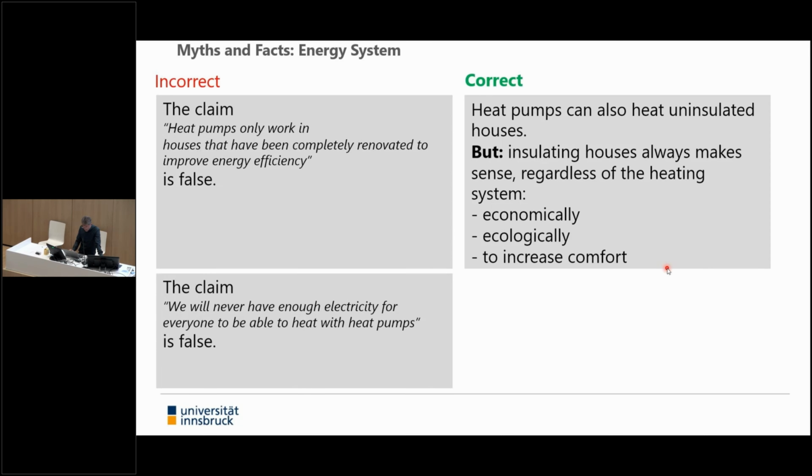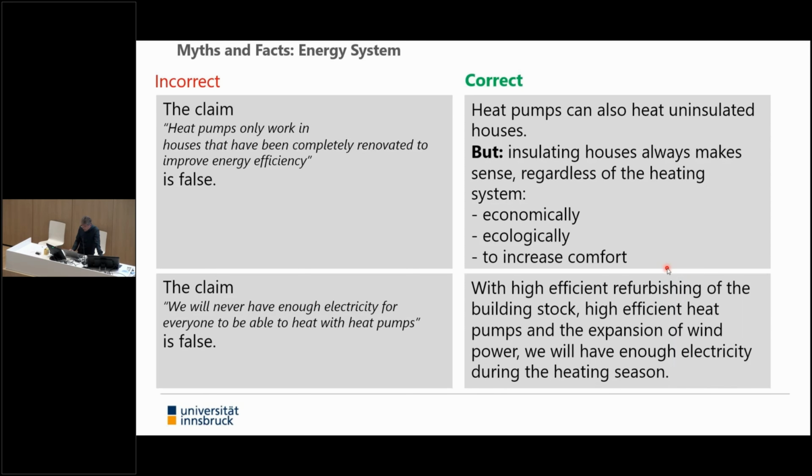The claim we will never have enough electricity for everyone to be able to heat with heat pumps. I always say the future will be electric, so we will drive electric cars, we will heat our buildings electrically. Is there enough energy in form of electricity available in future in a decarbonized way? Well, we need wind power for that, and we really need to come down with our consumption.